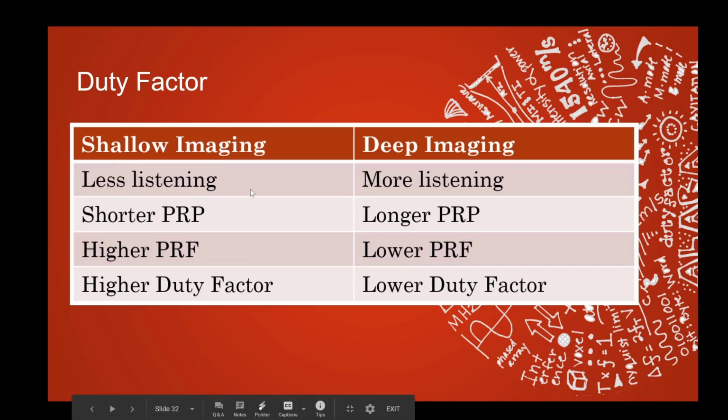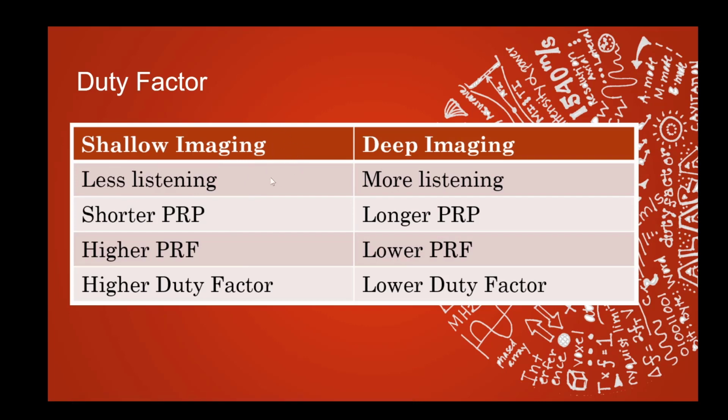When we have shallow imaging, 5 centimeters, 2 centimeters, there's going to be less listening time, which means a shorter PRP, a higher PRF, and a higher duty factor. When we're imaging deep, we're listening more, we have a longer PRP, lower PRF, and lower duty factor.